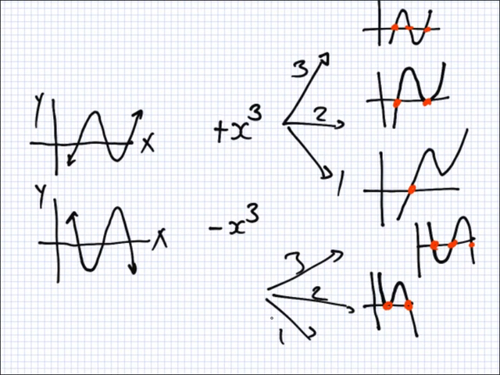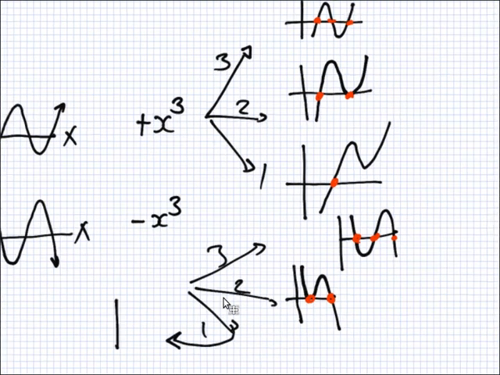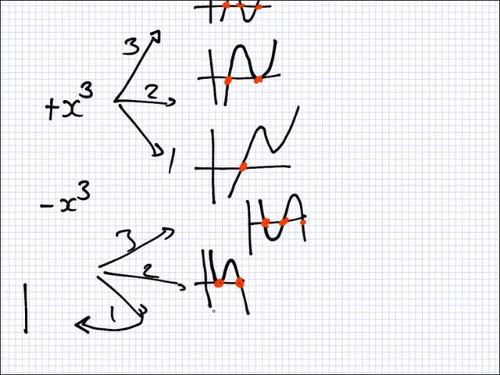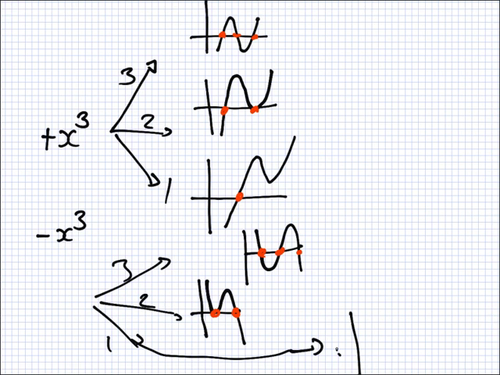I'm sorry. Let's do 1 over here. 1 would look like this. Down, up, down, like there. And we have 1. So there's actually 6 types of graphs.